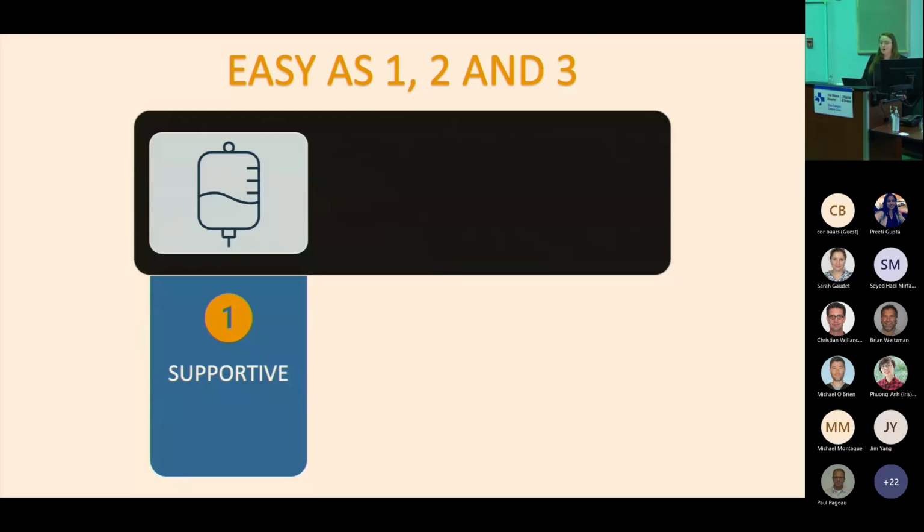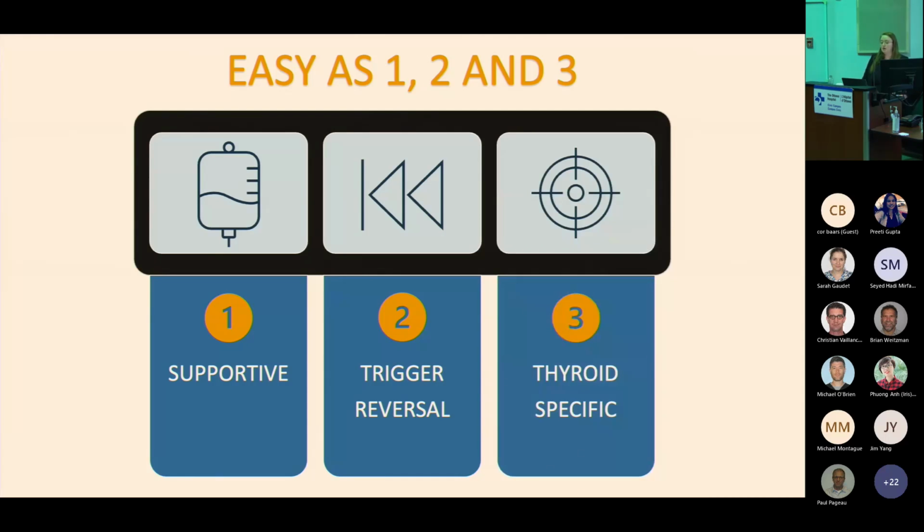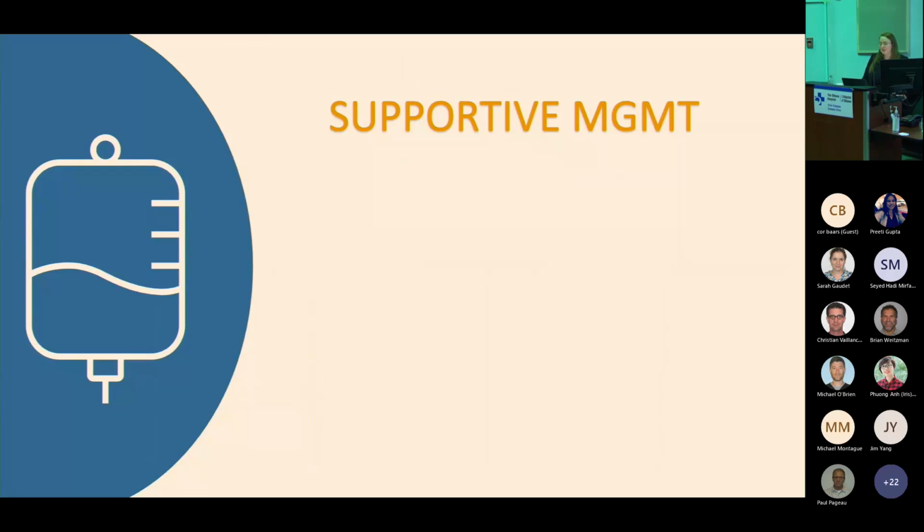So step 1 is to provide supportive treatment for your individual. Step 2 is to identify and reverse any potential triggers. And step 3 is to use directed, targeted thyroid-specific treatments. Note that treatments such as thyroidectomies and definitive treatment will not be covered in this presentation because these occur much later on in presentations. So let's get started.